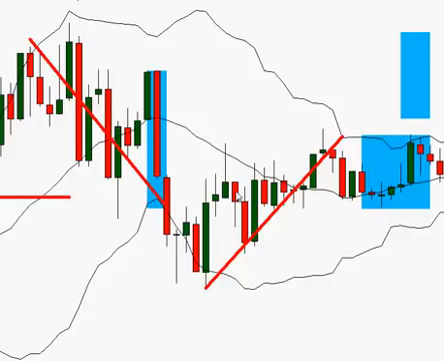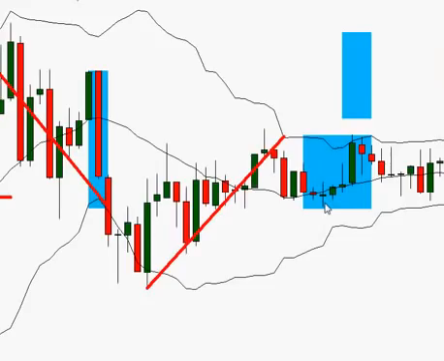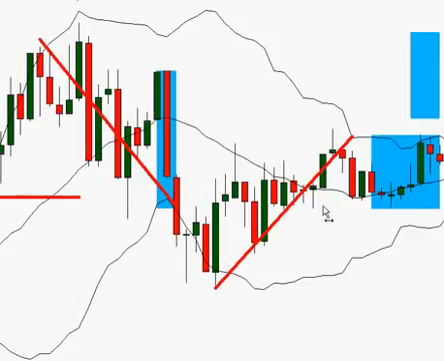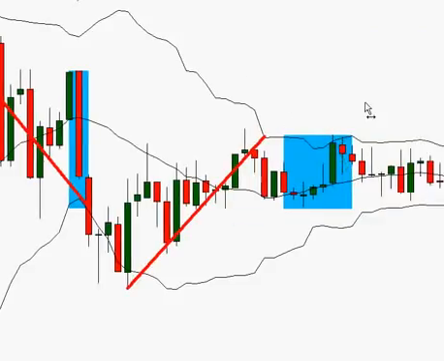If we look at this here, we've had 1, 2, 3, then 2 pullback, 1 then a pullback, 1 then a pullback, 3 then 2 pullbacks, 2 and a pullback, 2 and a pullback, 1 and a small pullback, 2 and a pullback. So 4 is an exception, more than what we're used to seeing in this localized section of price action. The chances are that this won't break, and if it does, it's likely you are going to suffer some type of retracement or potential reversal.